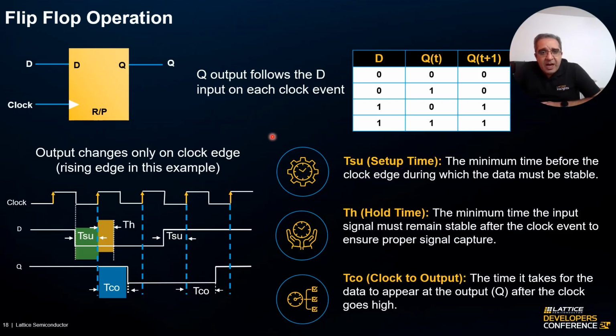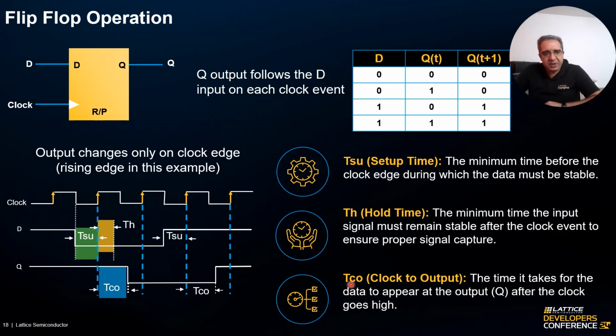To have this flip-flop or register work properly, we need to comply with certain timing parameters. These 3 main timing parameters are setup time, hold time, and clock to out. And these will guarantee that the flip-flop operates reliably.